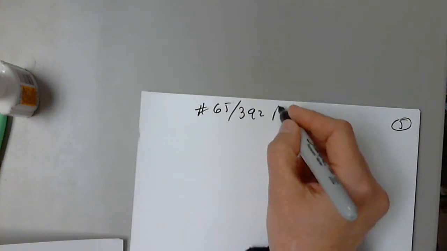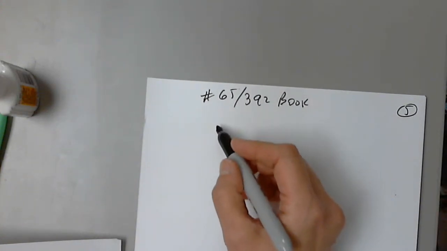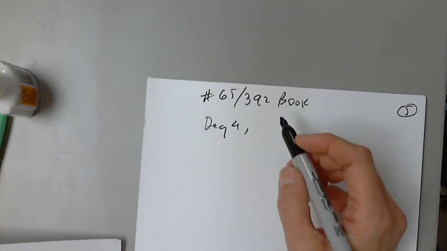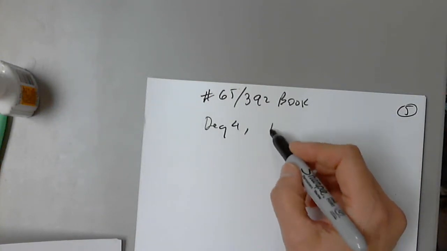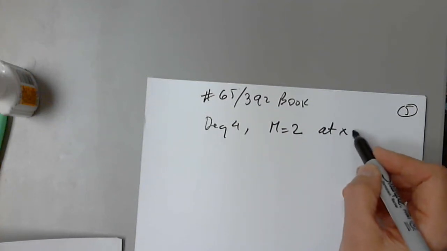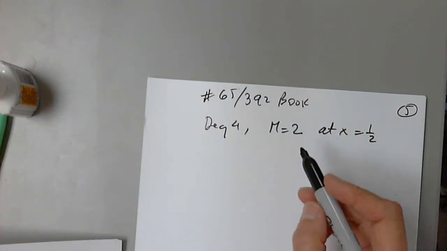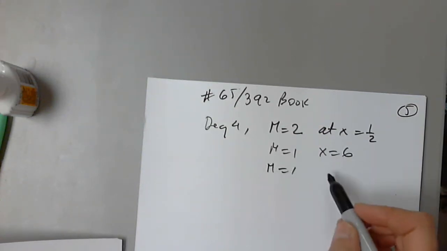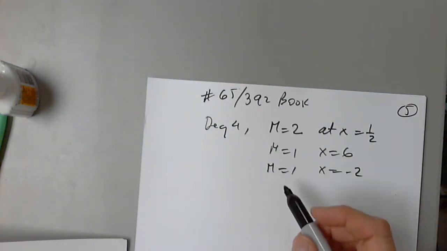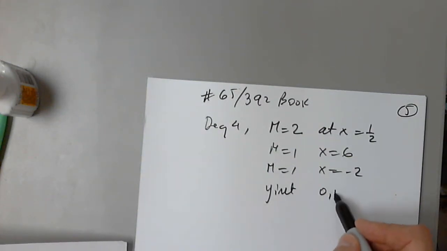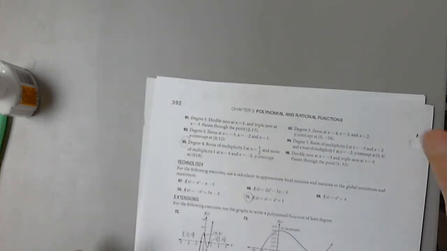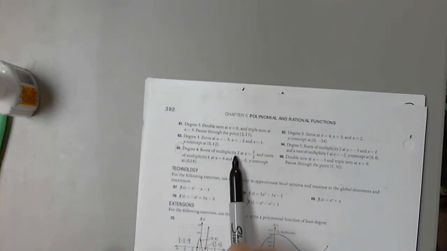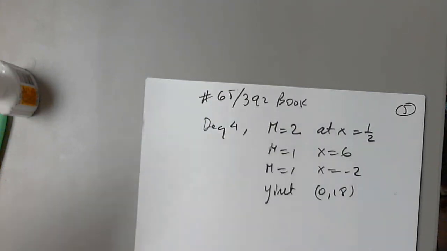So we are told the degree is 4, and multiplicity 2 at x equals 1/2, multiplicity 1 at x equals 6, multiplicity 1 at x equals -2, and the y-intercept is 0, 18.